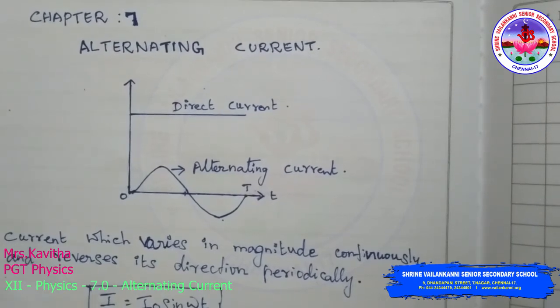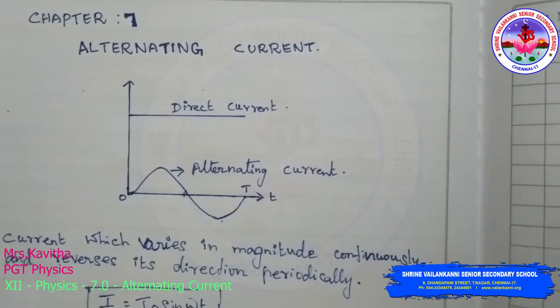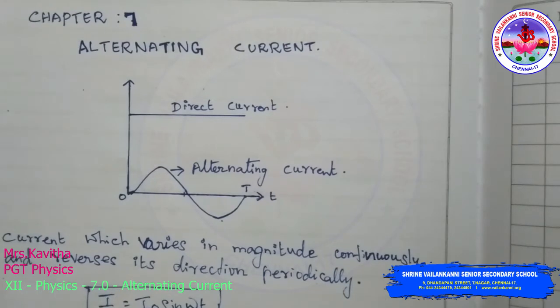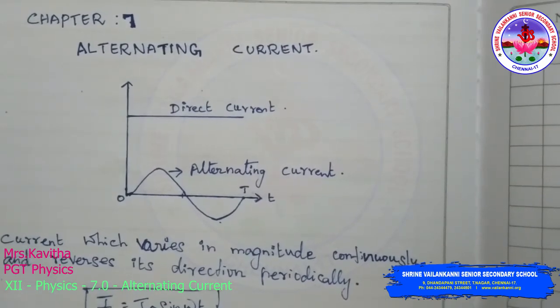AC circuits exhibit characteristics which are exploited in many devices in our daily use. Because of these convenient reasons, we have switched over to using alternating current and alternating voltages.